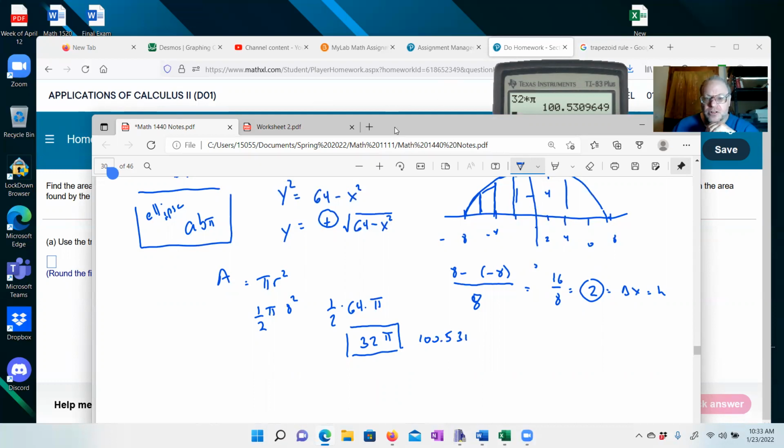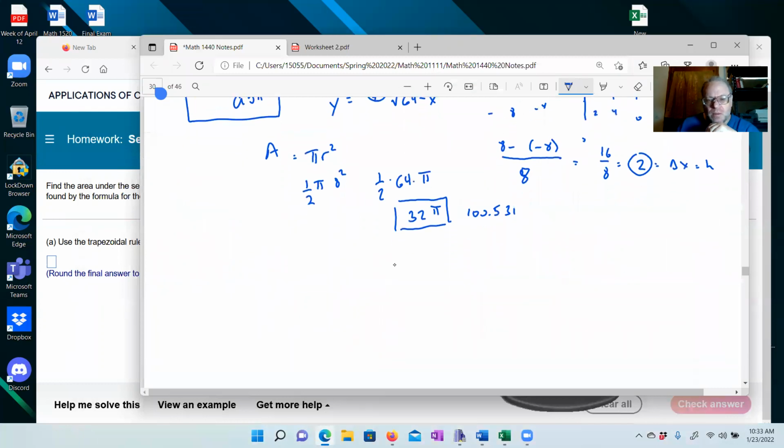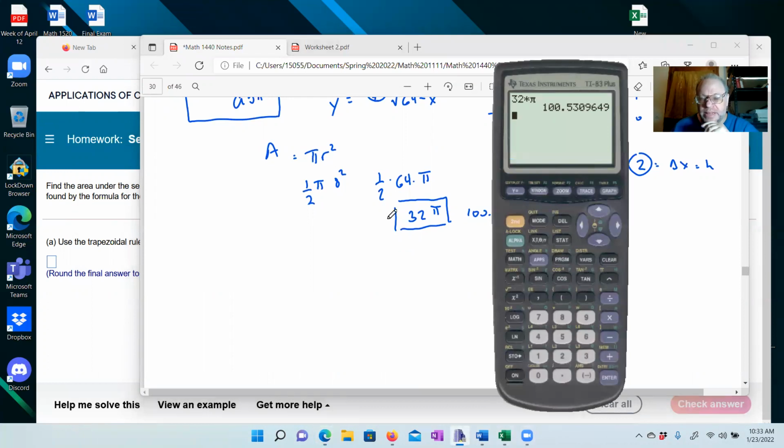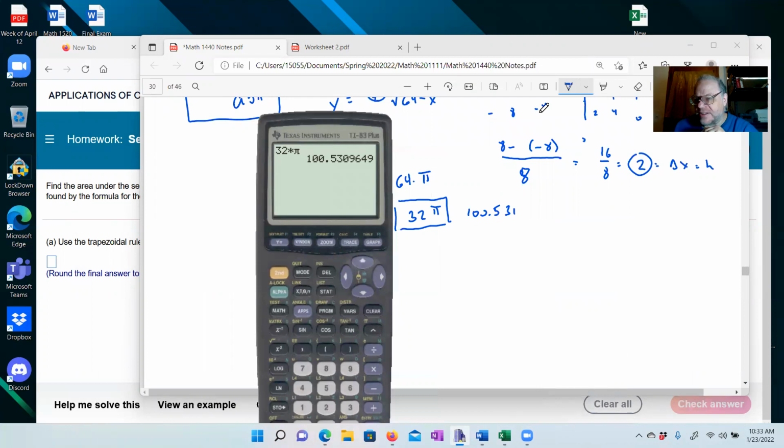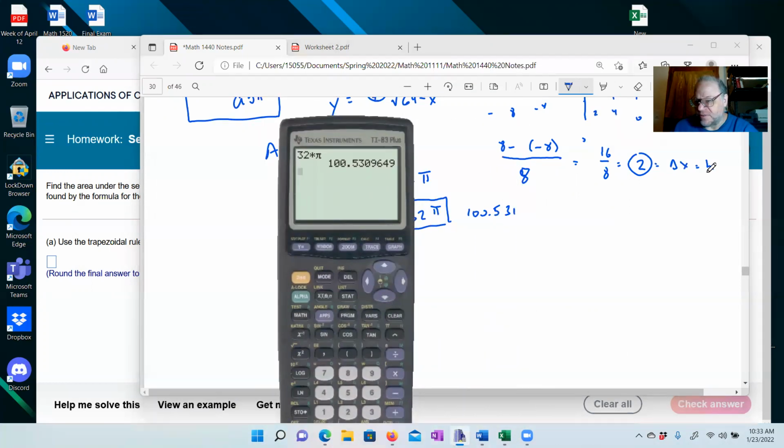So next, we are going to set up our trapezoid. Actually, first we need the values at each of the x's we're going to visit: starting at negative 8, counting up by 2's until we get to positive 8.